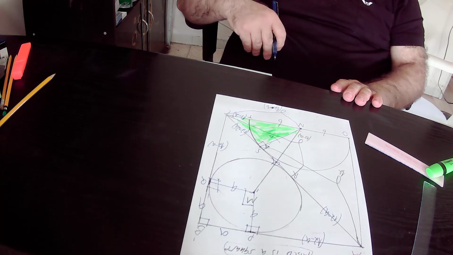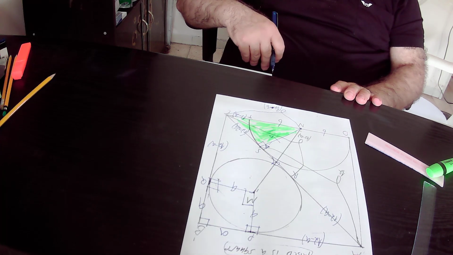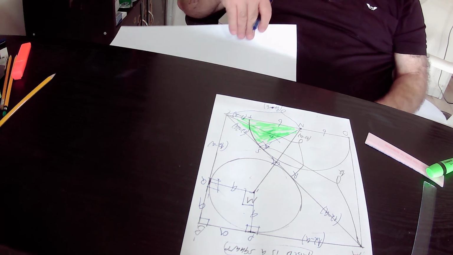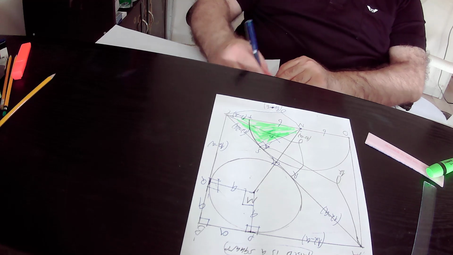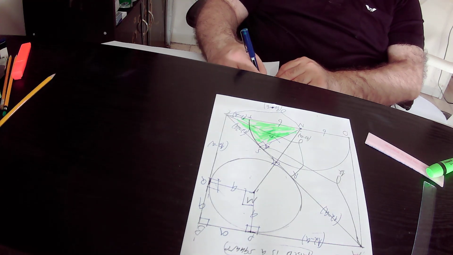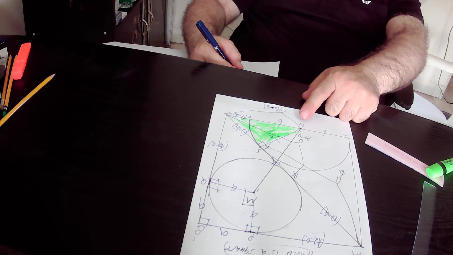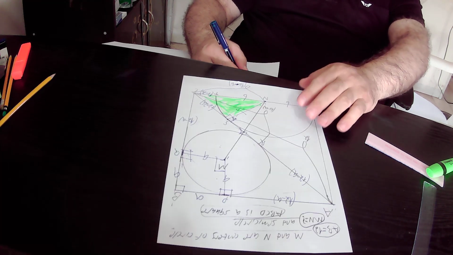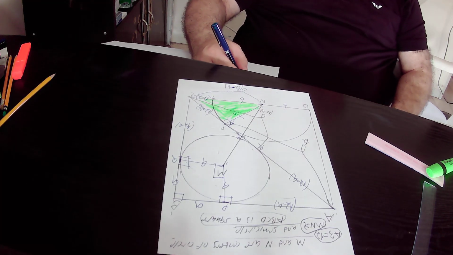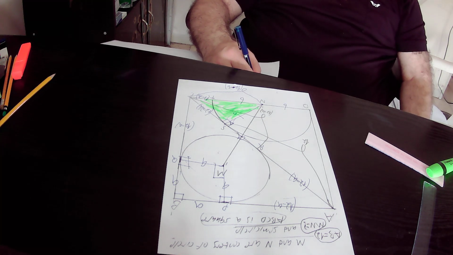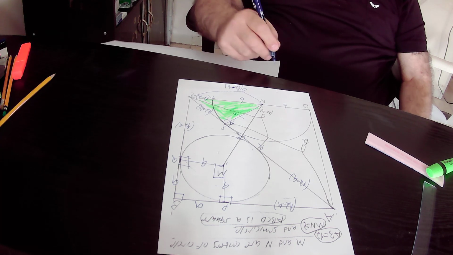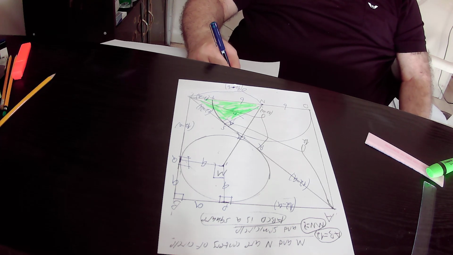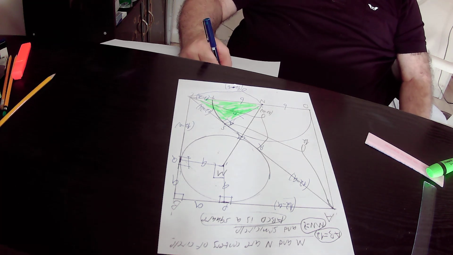Now we will apply the Pythagoras theorem on the right green triangle NSC. According to the Pythagoras theorem, the square of the hypotenuse must be equal to the sum of the squares of the perpendiculars, that is to say, NC square must be equal to NS square plus SC square.